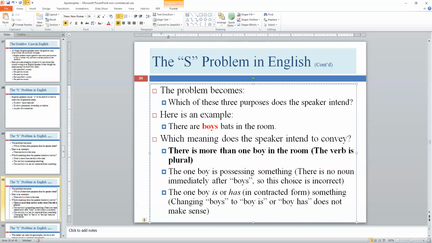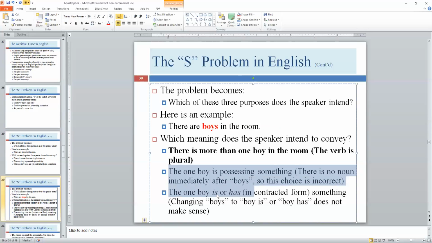Or maybe there are the boys' bats in the room. That would work because we have something that the boys can possess after the word bats. But we don't have that. We just have the word in, which doesn't allow possession. So we're going to rule out this choice. This is bad. Let's look at the last choice.